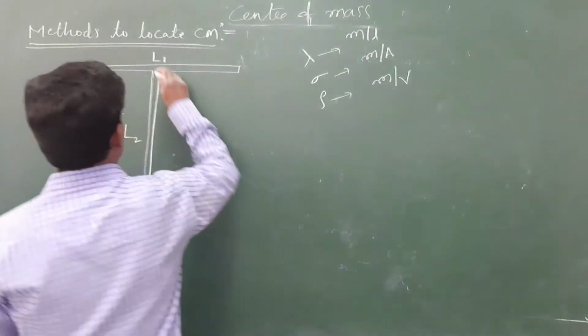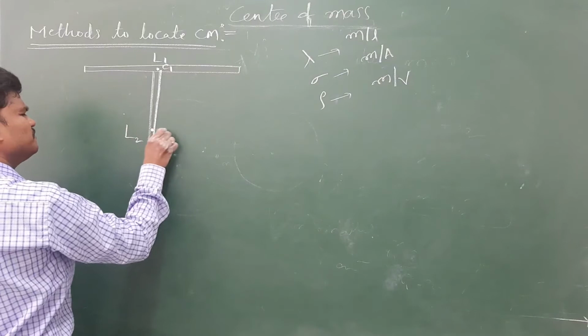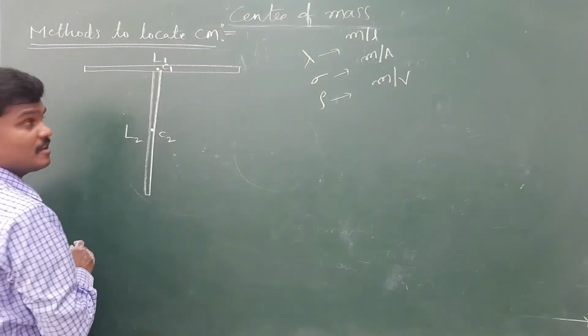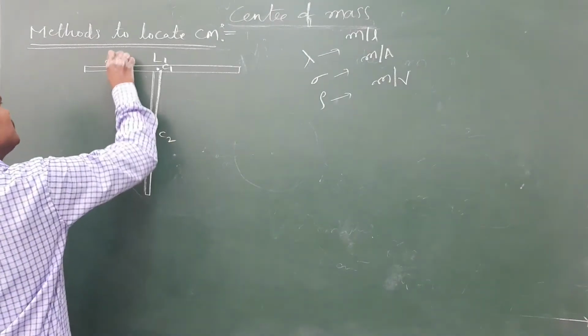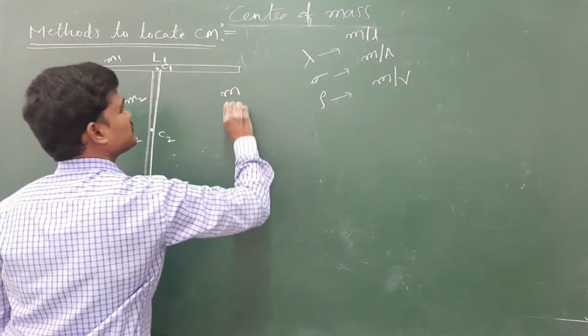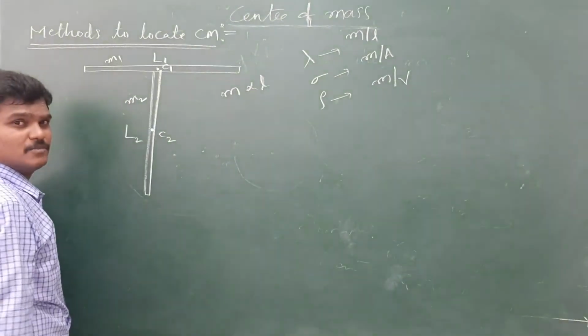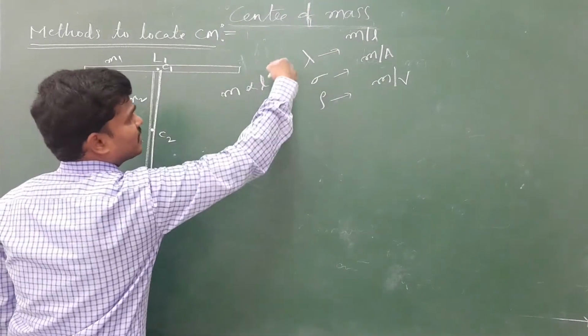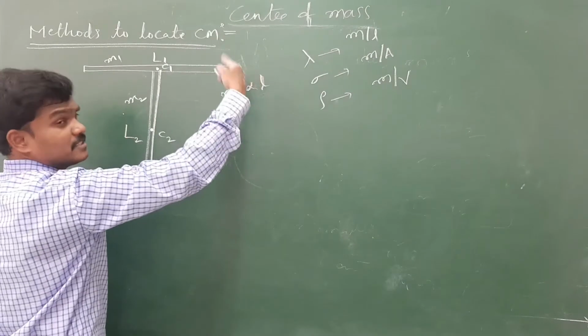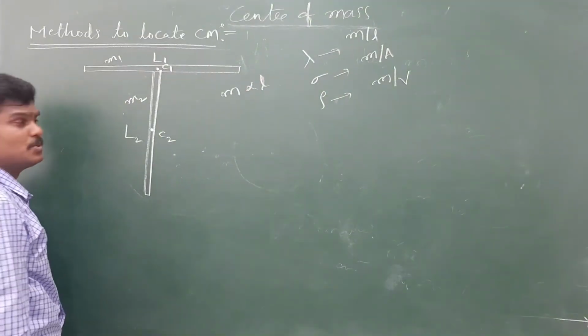The center of mass of this one is here, and the center of mass of this one is here, initially. Let us suppose this is m1 and this is m2. Mass varies with respect to length: mass is equal to lambda L, lambda is a constant, so mass is proportional to length.